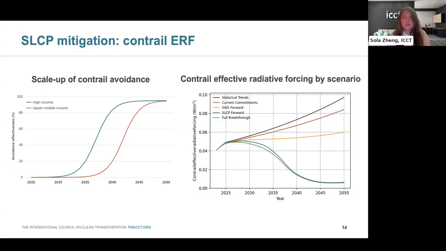This is due to the amount of SAF in the system, where 70% SAF blending will lead to about 30% reduction in contrails. And then there's also operational improvements where we can transport the same amount of people and goods with fewer flight kilometers flown, and that also very effectively reduces contrails.